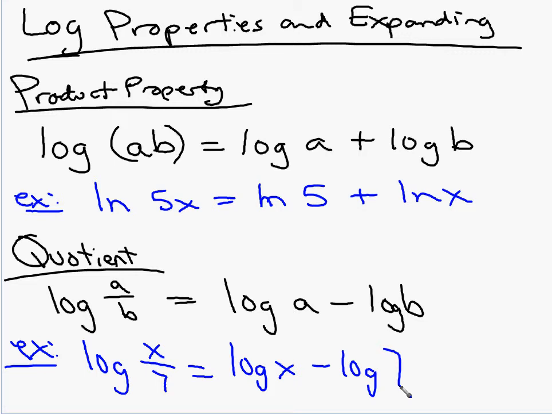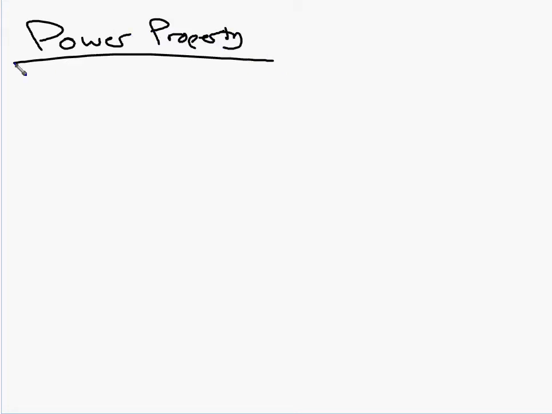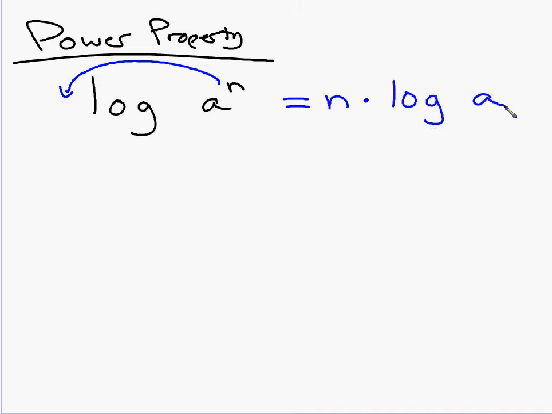Okay? Another property, very handy, called the power property. The power property for logarithms, and again it's true for common logs and natural logs, says that if I have the log of a to the n power, I can rewrite this with the n out in front as n times the log of a.